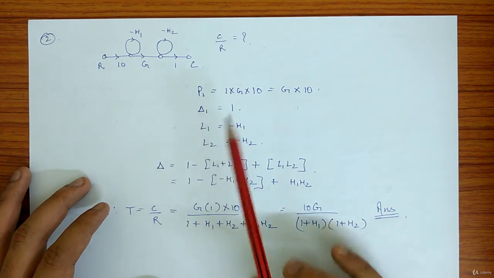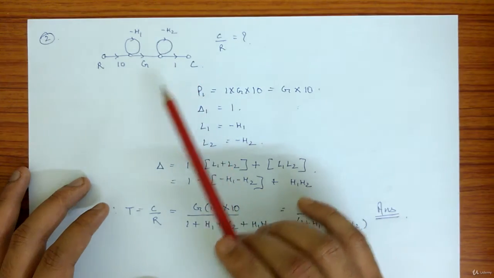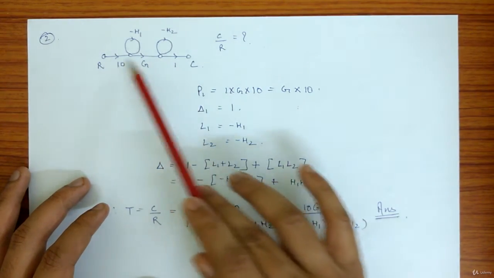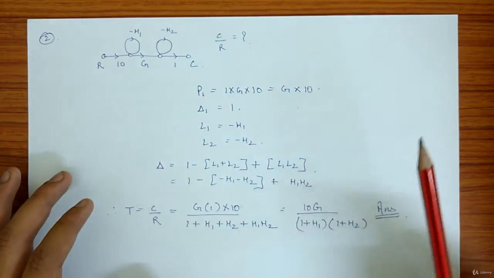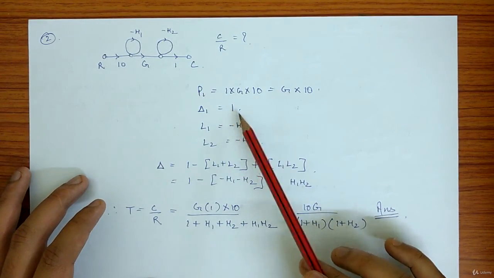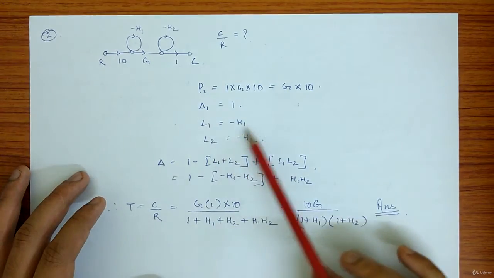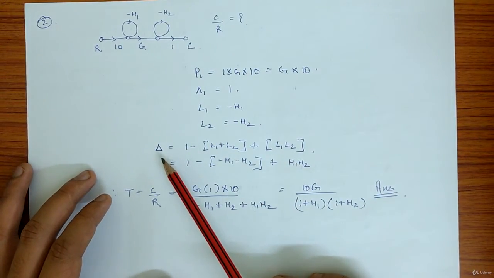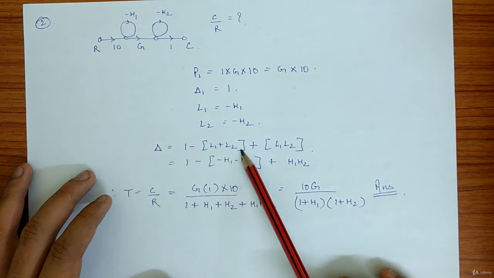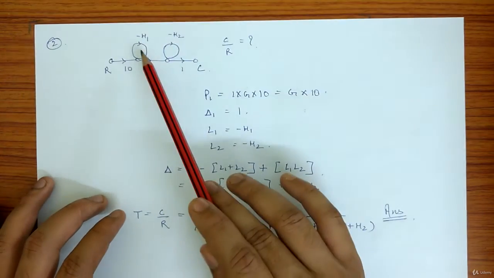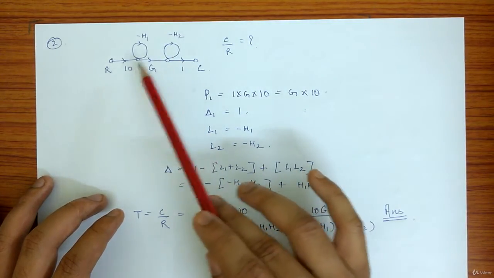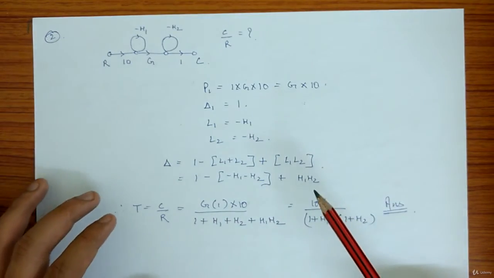Now delta 1 corresponding to this path will be calculated as 1, because these two nodes will be gone if you remove this path, and hence no loops will be available. That is why this is 1. My two loops are L1 and L2, minus H1 and minus H2. Now I can write delta as 1 minus (L1 plus L2) plus L1 L2. Why? Because these two are non-touching loops. You can see these nodes are not common to both of the loops.